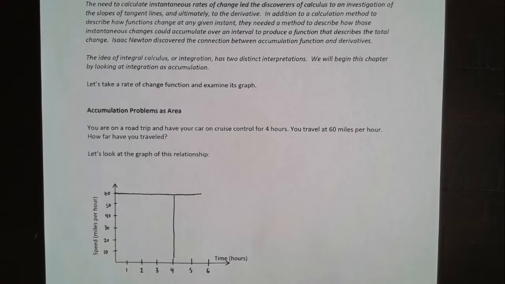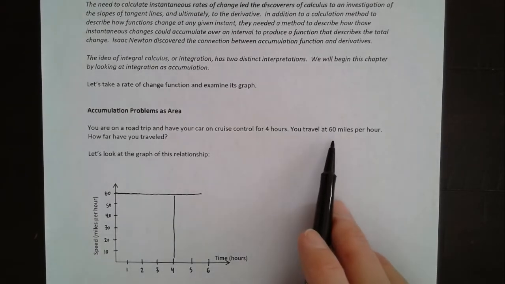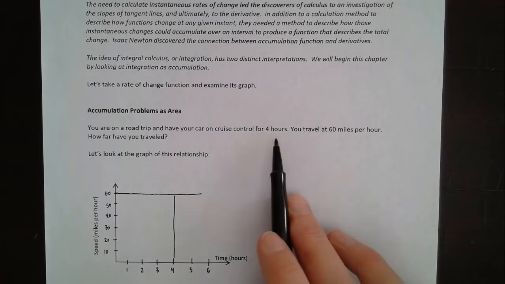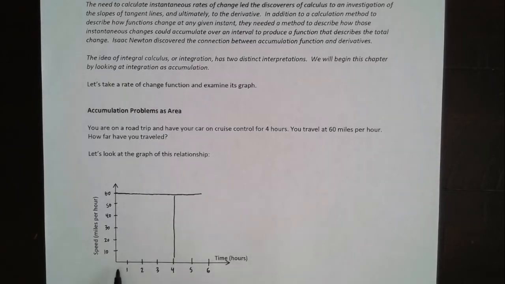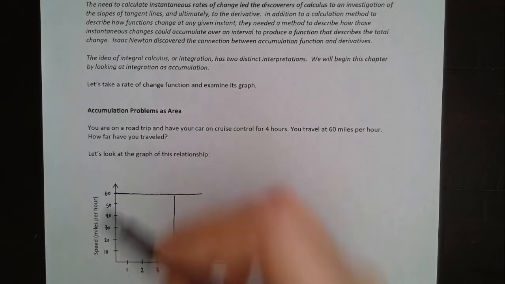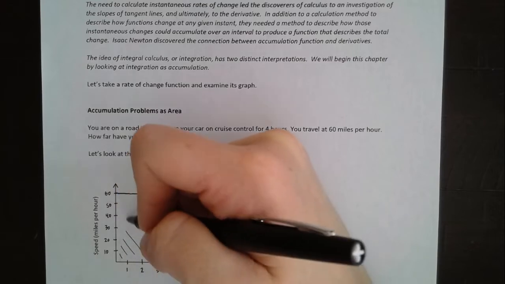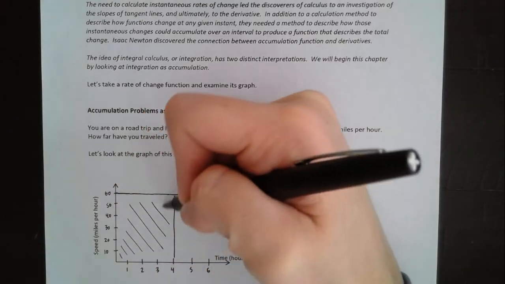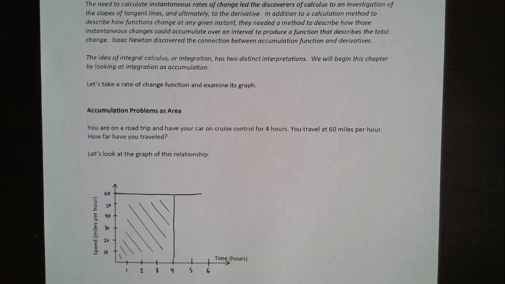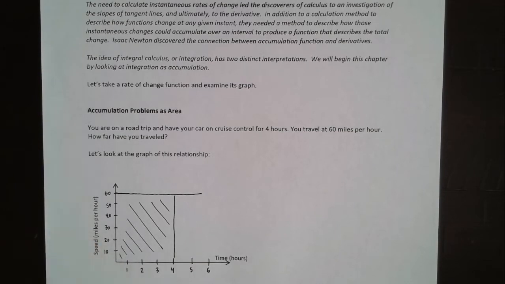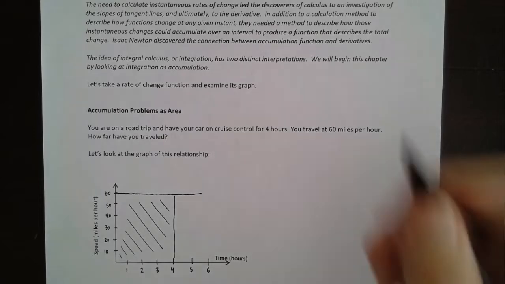So if we think about this as an area, we know that we're really multiplying 60 times 4. Well, the number of units on my x-axis is 4. The number of units on my y-axis would be 60. What we're really doing is taking that accumulation of distance as an area under this curve, because we know that the area of a rectangle is just length times width.